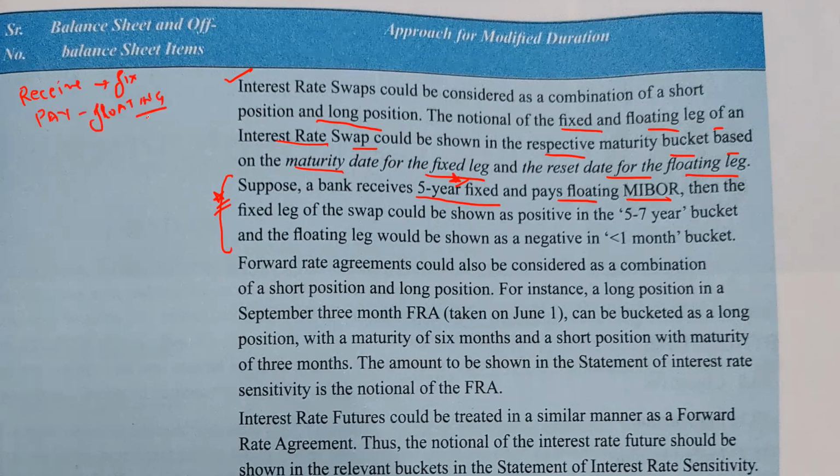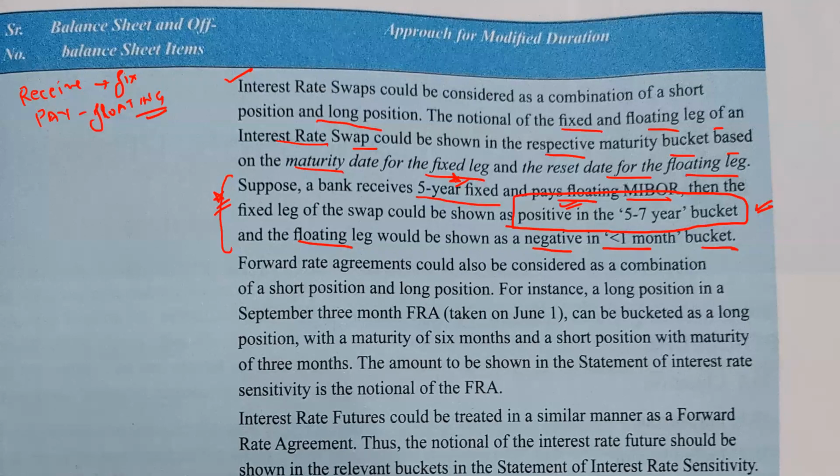So in that case, the fixed leg of the swap could be shown as positive in the 5 to 7 year bucket, and the floating leg would be shown as a negative in the less than 1 month bucket.